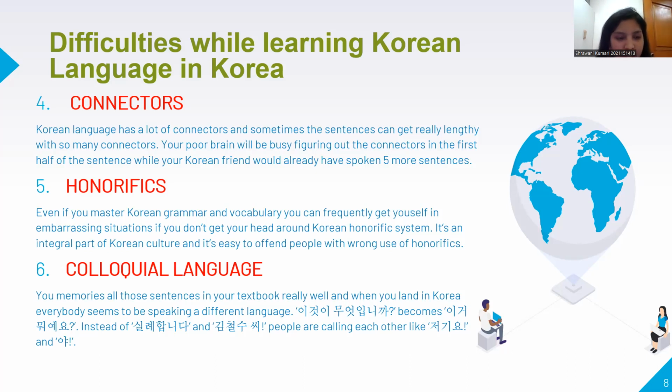The sixth one is colloquial language. You memorize all those sentences in your textbook really well, and when you land in Korea, everybody seems to be speaking a different language. Like igosi moshimnika becomes igomoeo instead of sille hamnida, and people are calling Kim Cholsi ya or chogio.